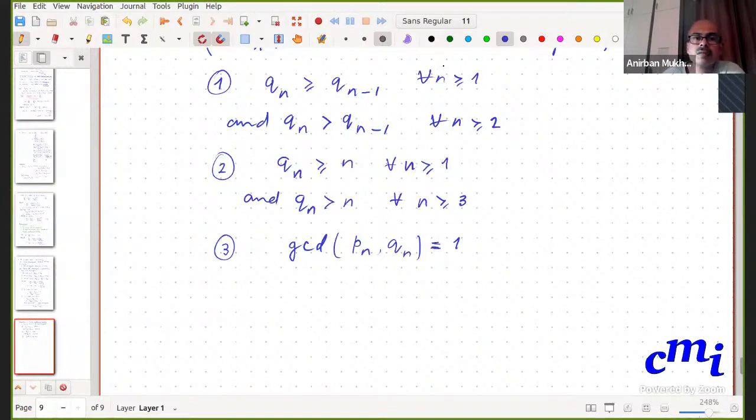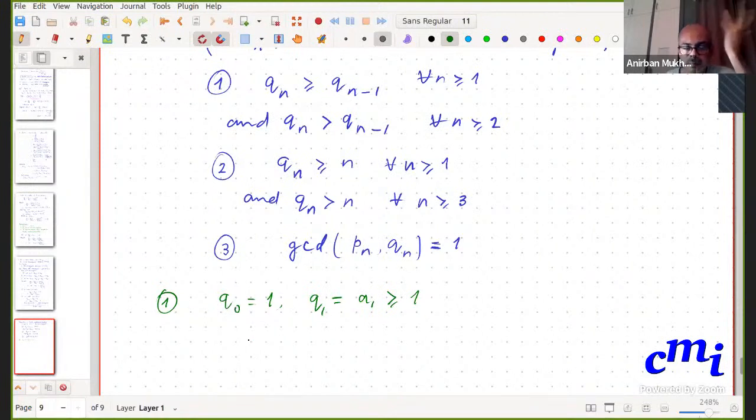Let's see a sketch of the proof. The first one follows just from the definition. Q0 is 0. Q1 is a1, which is greater than or equal to 1. Because the a_n's are all assumed to be non-negative integers, they have to be greater than or equal to 1, all of them.